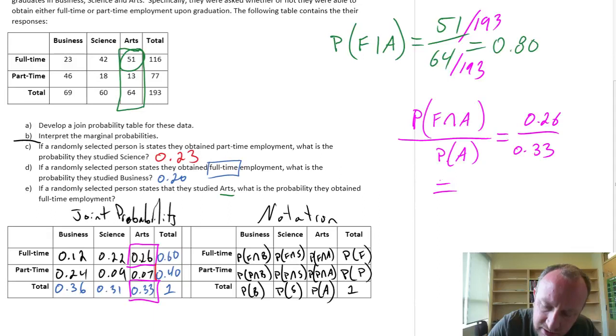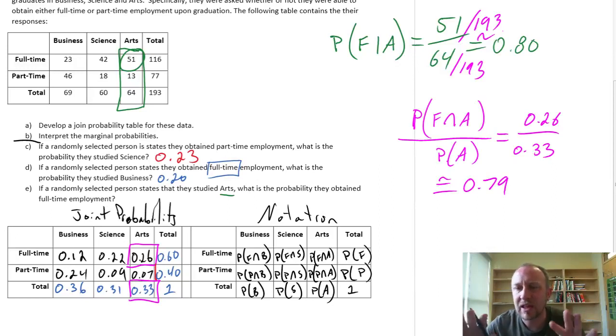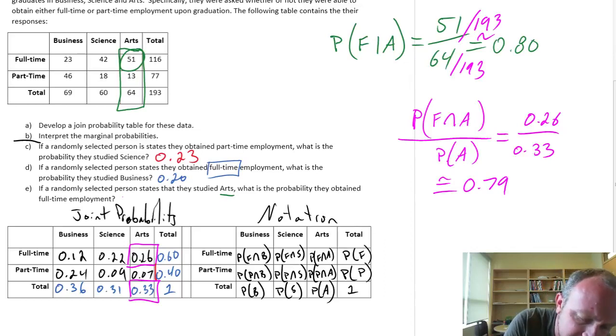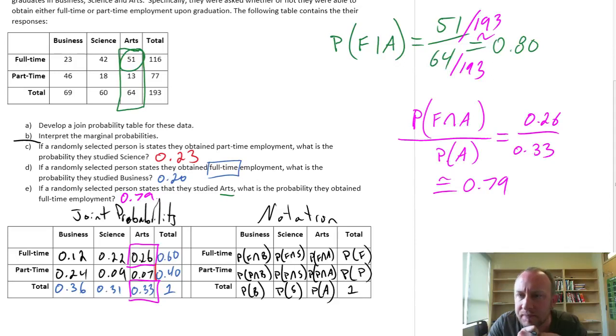So let's say it's roughly 0.79, around 0.8. I'm going to allow a little bit of rounding error here. That's fine, it happens. So 0.79 is that probability.